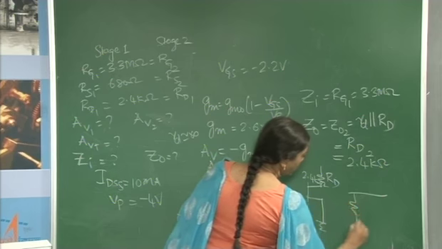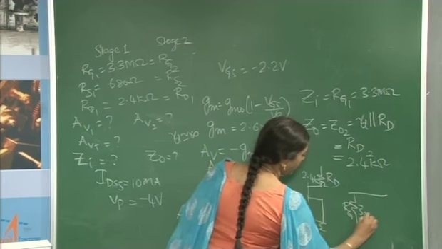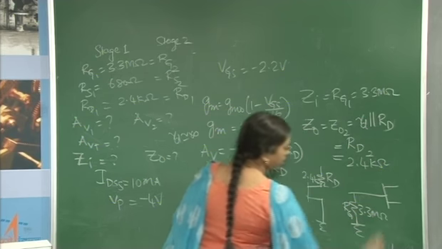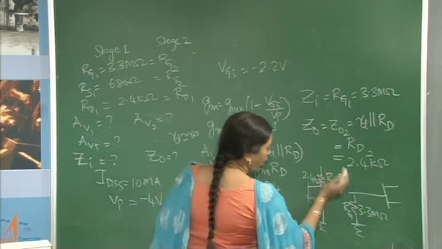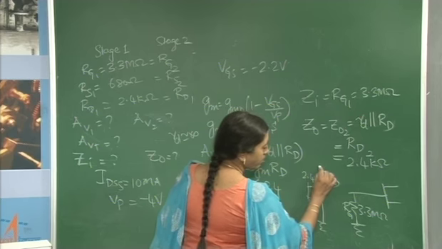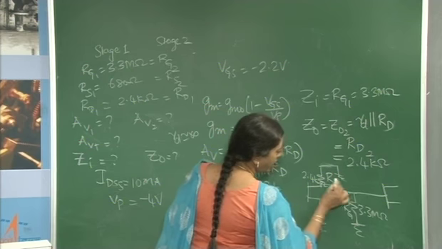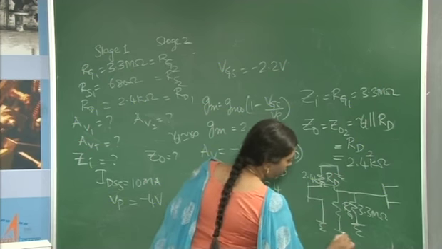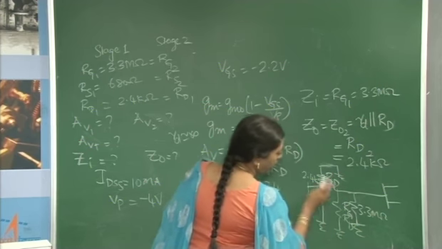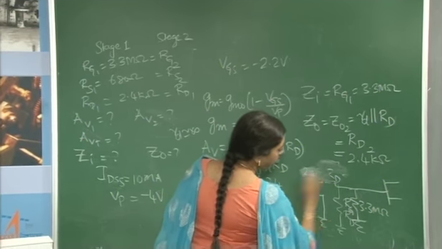Now, there is Rg appearing at the input side. While performing AC analysis, we will reduce this VDD to 0. So, it is as good as saying that Rd will appear across 3 mega ohms.